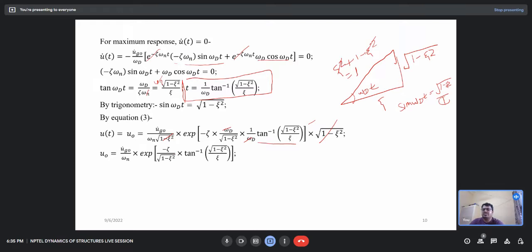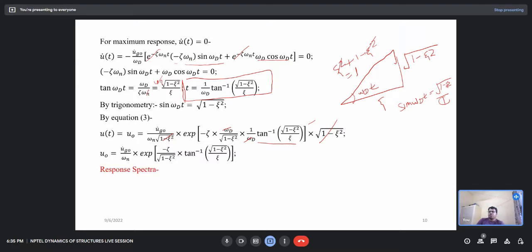So after rearranging the terms, I get u naught as ug naught dot divided by omega n into exponential of minus xi over square root of 1 minus xi square into tan inverse of square root of 1 minus xi square by xi. So now this is my maximum response.